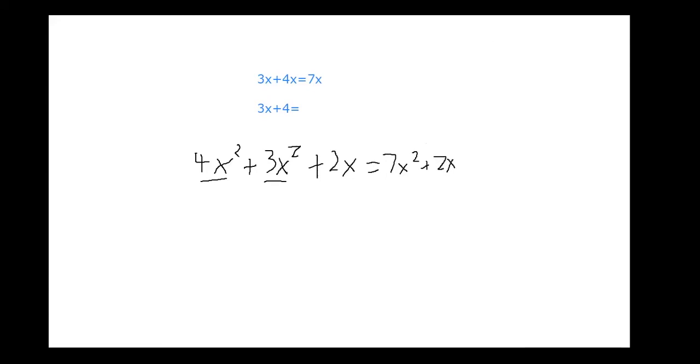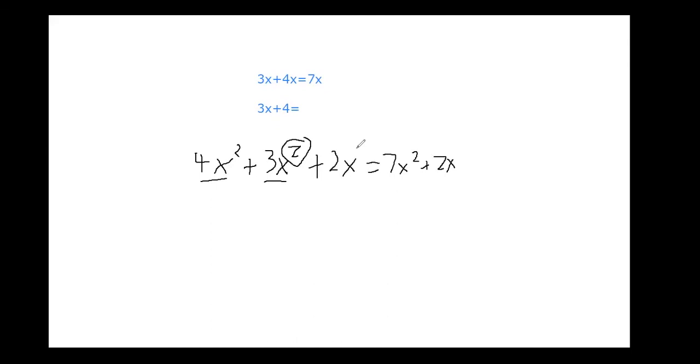Here, let me check the chat real quick. Somebody had a question. Do we have a question? Okay, so a power. So the power, this is a power or an exponent. X to the second is different than just plain x. X would be like x or x to the first. Okay?